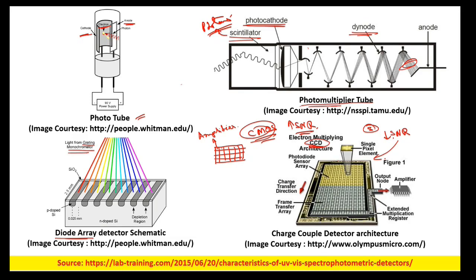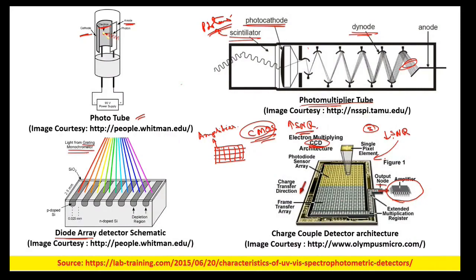However, for the CCD architecture, all these arrays have a single amplifier. If you see the output node, it is only a single output node.